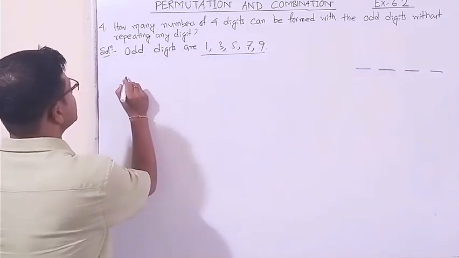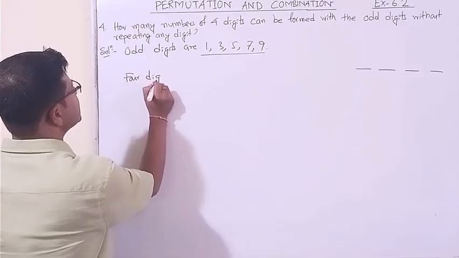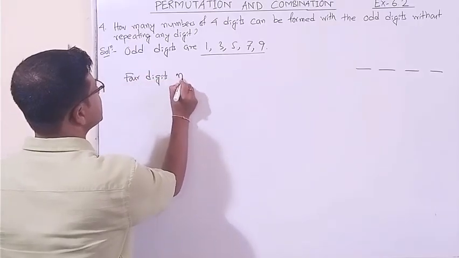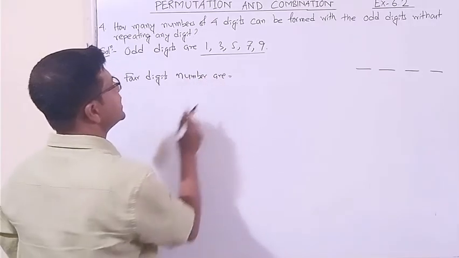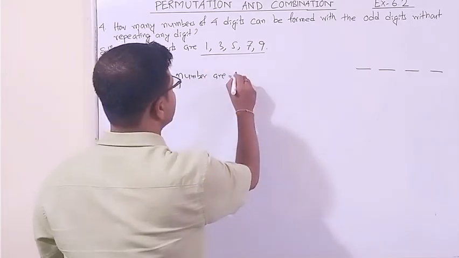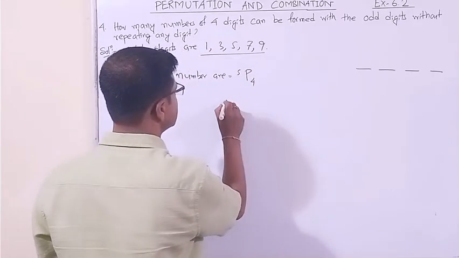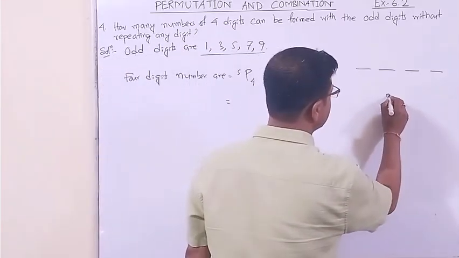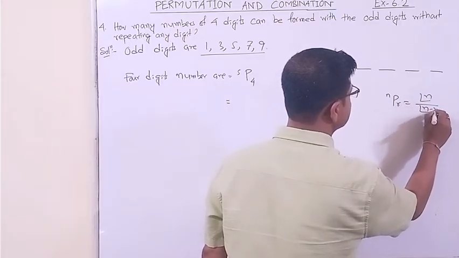So 4-digit numbers, how many are there? Let us consider. Out of 5 we have to consider 4. 1, 2, 3, 4. So let us use this formula again. nPr equals factorial n divided by factorial n minus r.